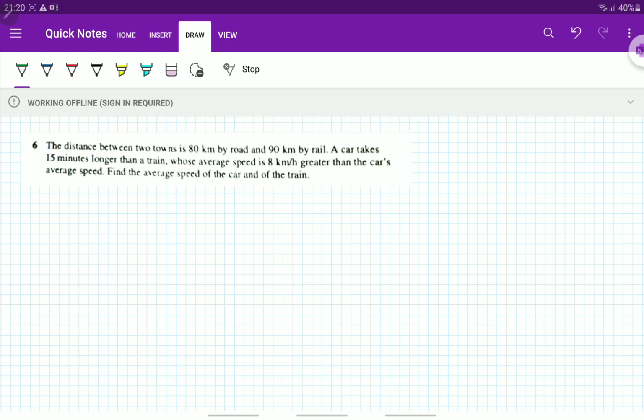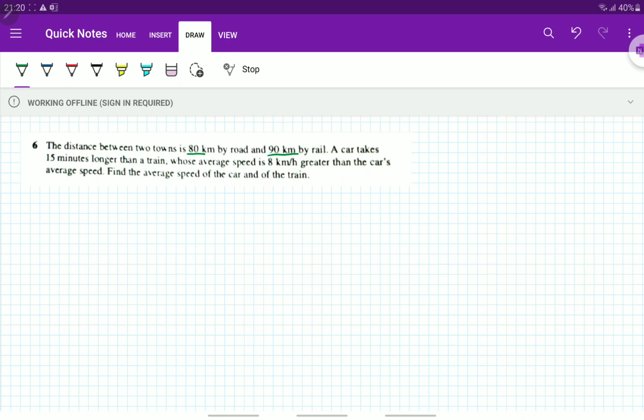The distance between two towns is 80 kilometers by road and 90 kilometers by rail. A car takes 15 minutes longer than a train, whose average speed is 8 kilometers per hour greater than the car's average speed. Okay, so from the information I've just read, I understand that the car is traveling on the 80-kilometer road and the rail is taking the 90-kilometer path.